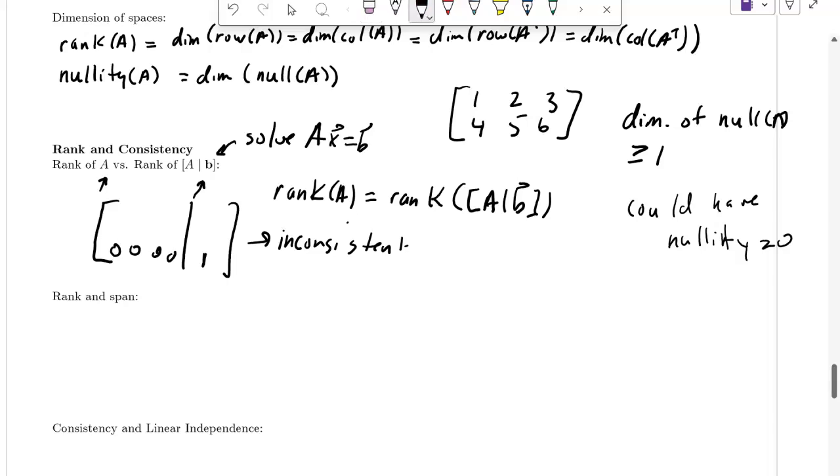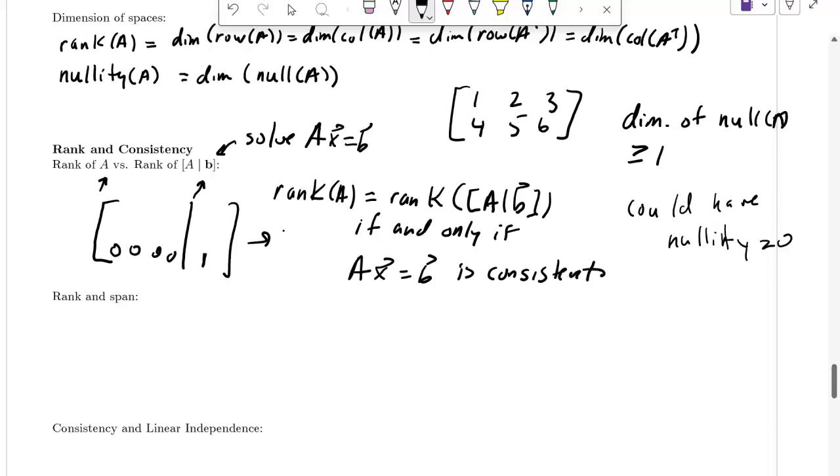So this is true. Let me erase this part just so I can get back to where I was. This is true if and only if AX equals B is consistent. Okay. Again, either the ranks are the same or the rank went up by one when you augmented.